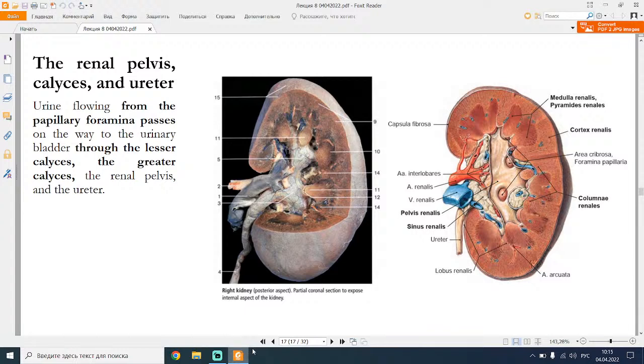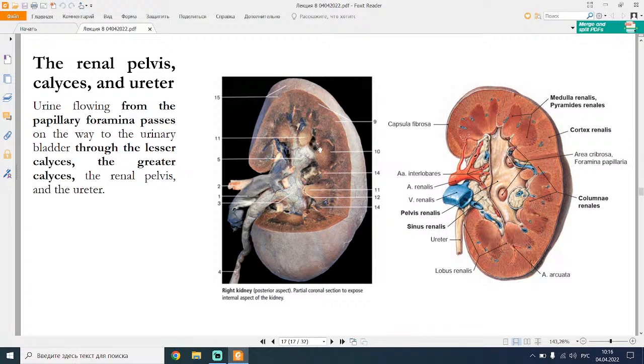The renal pelvis, calyces, and ureter. Urine flow from the papillary foramina passes on the way to the urinary bladder through the lesser calyces, then the greater calyces.